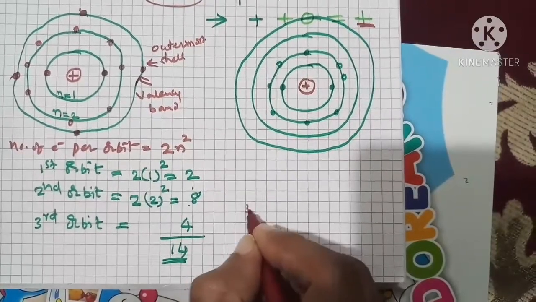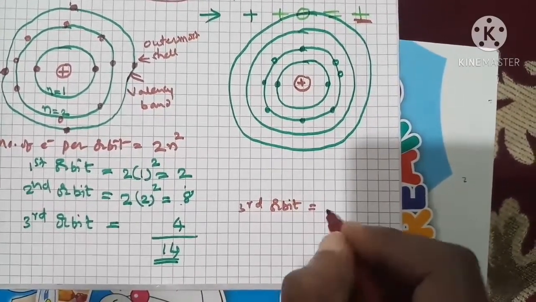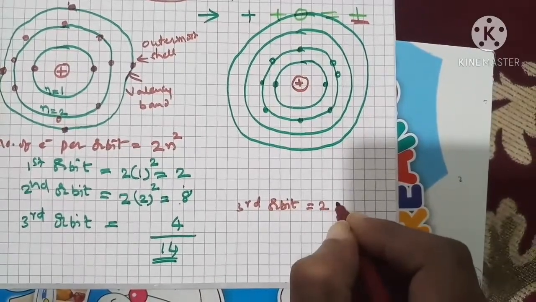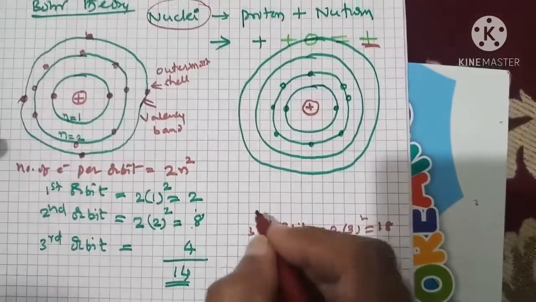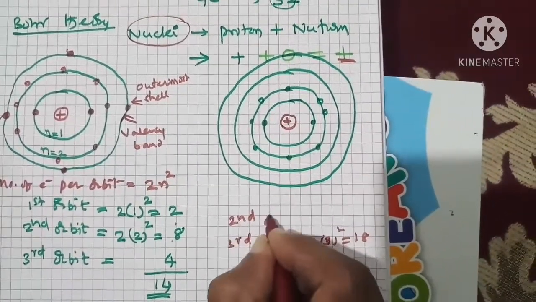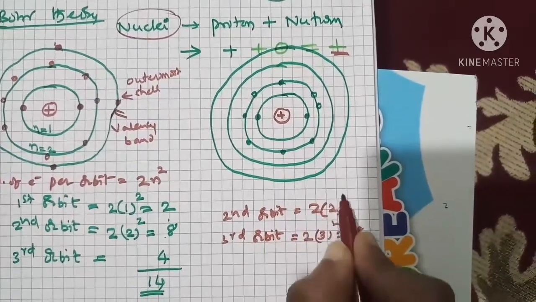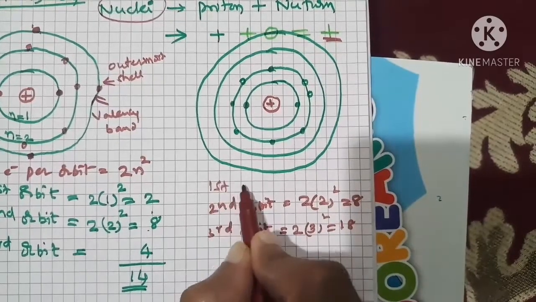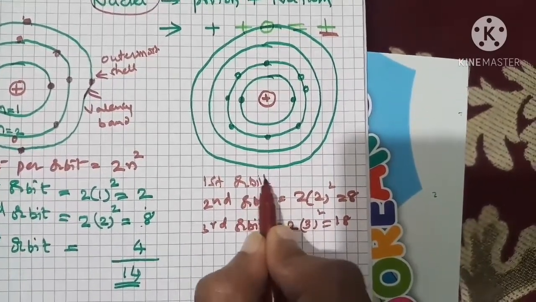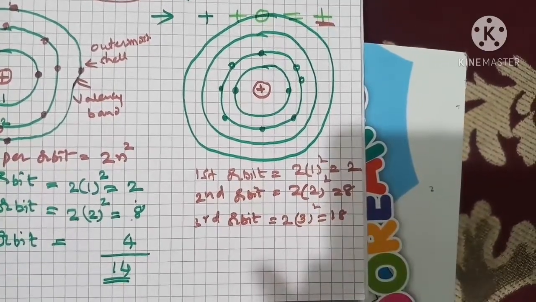Now we are going to calculate for the third orbit. For the third orbit, 2 into 3 power 2, that is 18. So here the second orbit, the same thing, 2 into 2 square, you will have 8, and here the first orbit, you are having 2 into 1 square, it is 2.